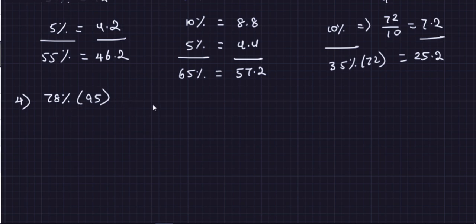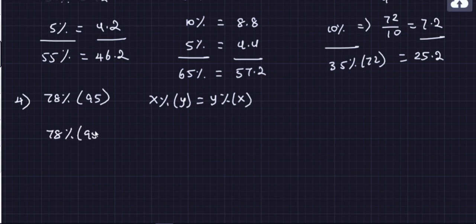Instead of doing 78%, in the last video we've seen x percentage of y can also be taken as y percentage of x. So 78% of 95, we can take it as 95% of 78. Where finding 95% is quite easier, we can find 100% and then we can subtract 5% of it, so that we will get 95% of it.